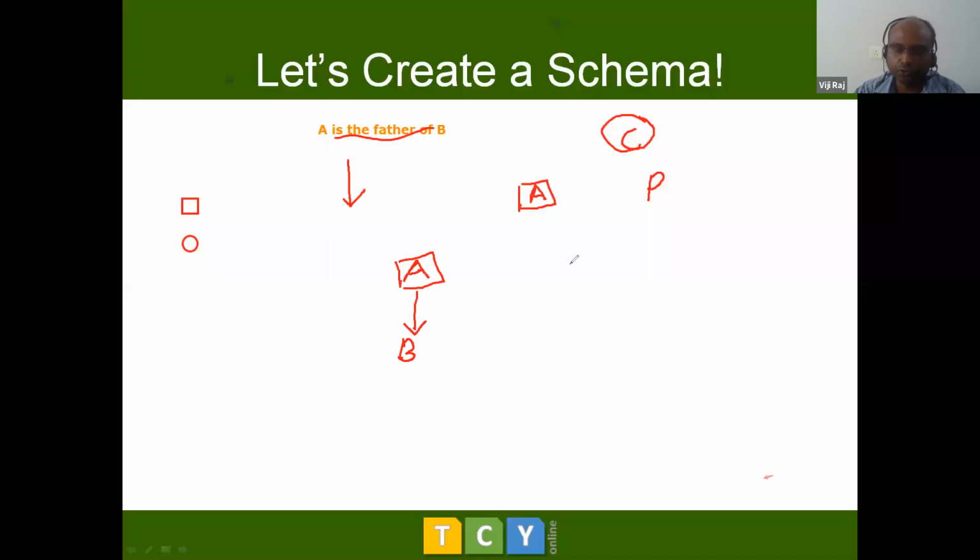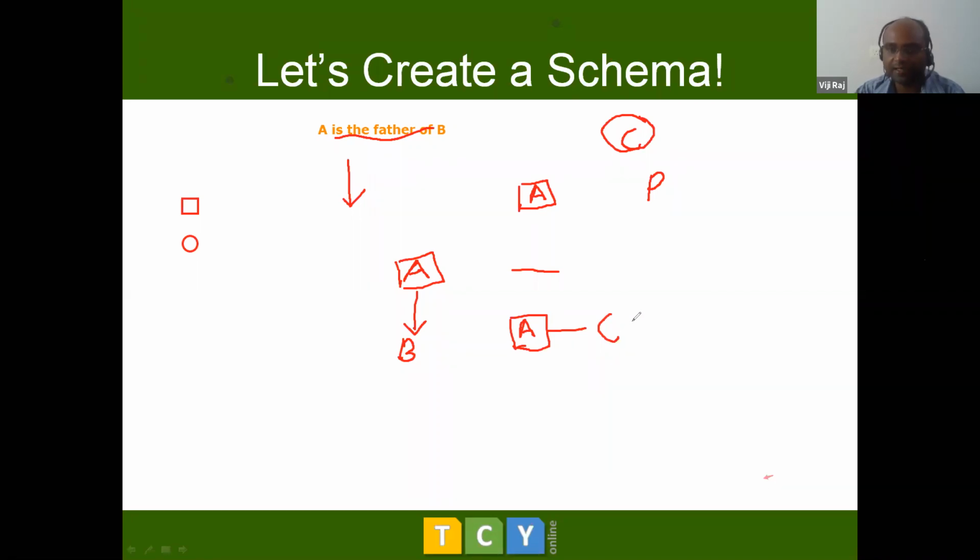Now, moving on to relationships in the same generation. So there are two relationships. One is brother-sister and husband-wife relationship. So brother-sister relationship we can just show by a single line, right? For example, if we want to say that A is the brother of C, we know A's gender, A is the brother of C. Fine, C's gender we don't know.